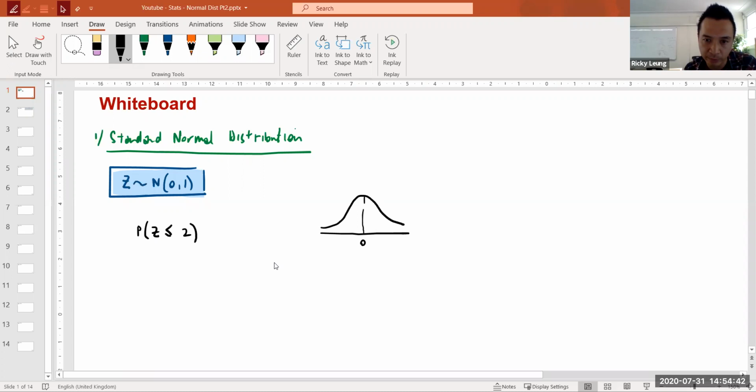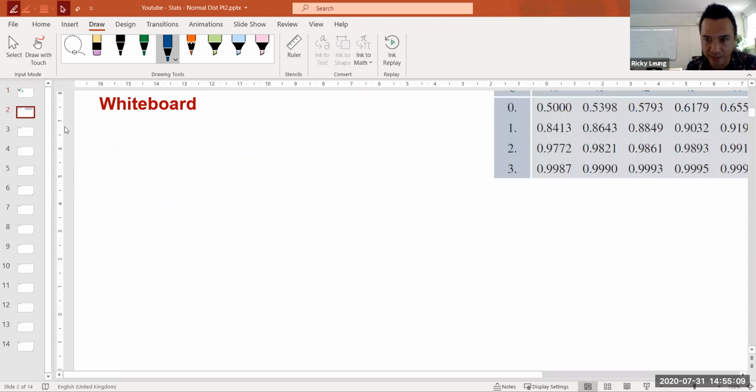This probability says I want everything below the value of 2, so this area here. If it's less than, I can quite simply access the standard normal table, which is that table over there.